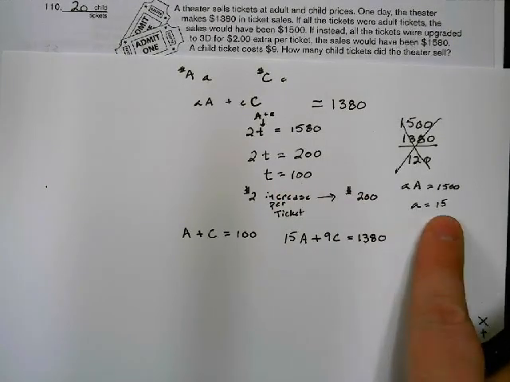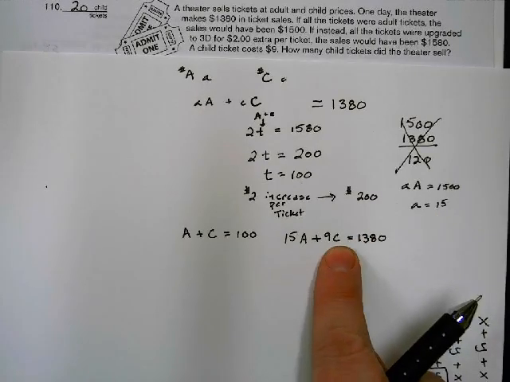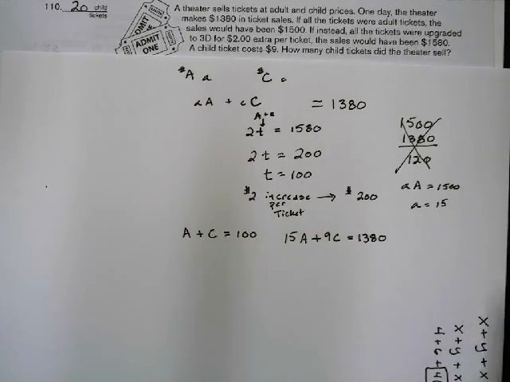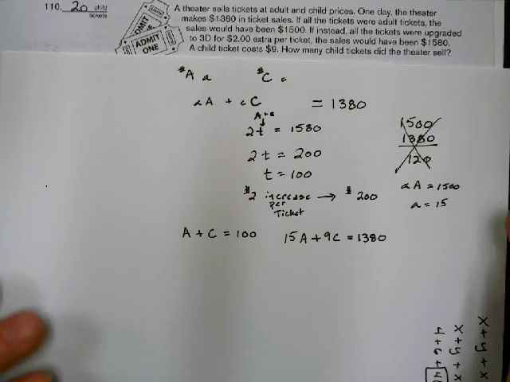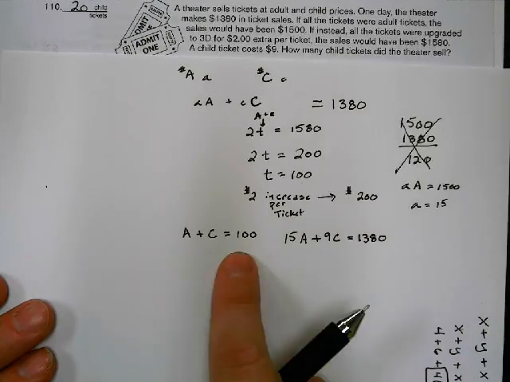Now on this one, I want to find out how many children tickets did the theater sell. So the easiest way to do this is to set up a system of equations where we get rid of the adults. So let's get rid of the adults. Let's multiply both sides of this equation by -15.